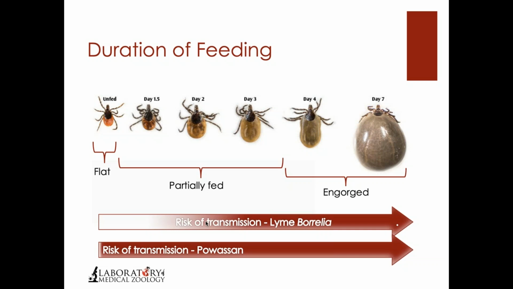In some cases, the viruses can move very quickly out of the tick and into the new host, perhaps in as little as 15 minutes. And so it's important to understand those transmission dynamics to understand risk.